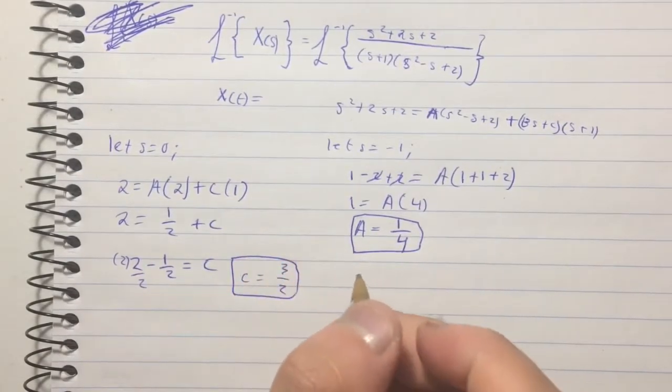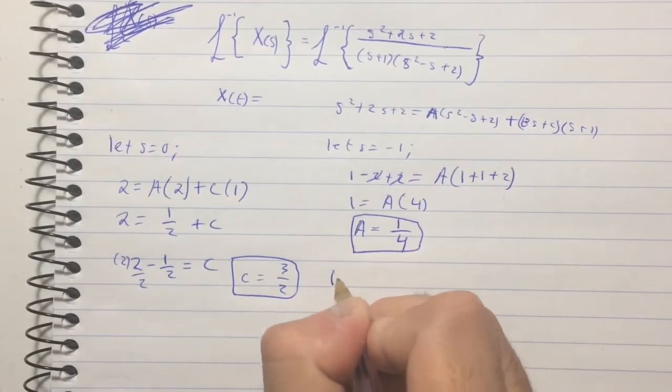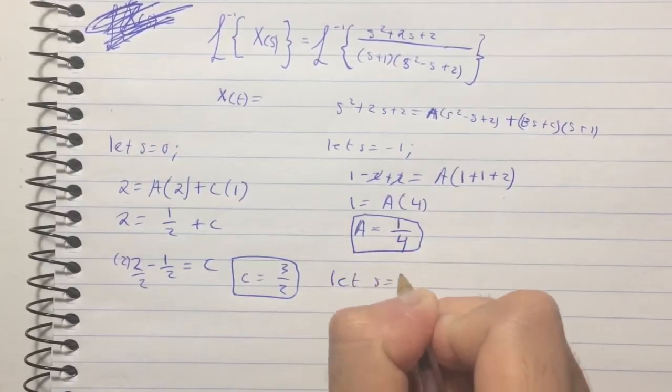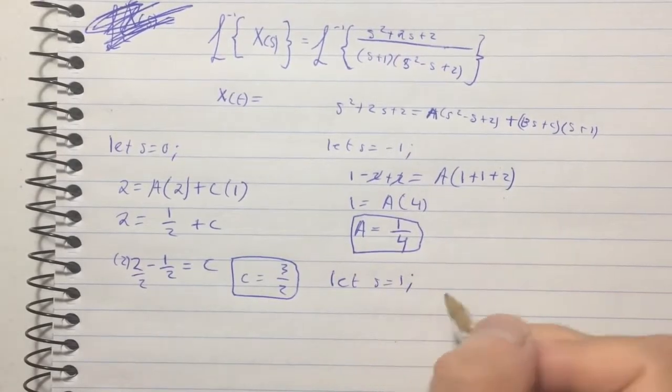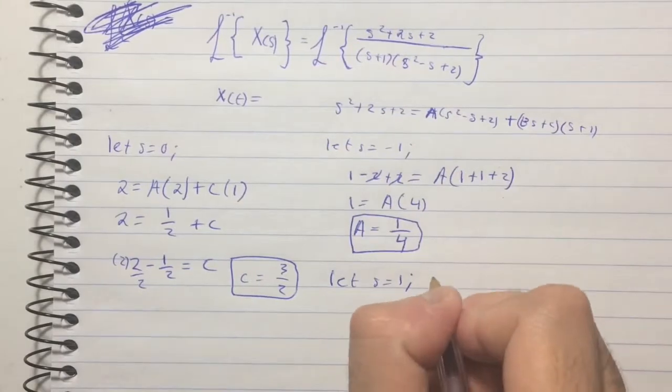So c is equal to 3/2. That's interesting. Alright, so now the next easiest value of s I can pick is 1. Let s equal 1. And therefore that means that it's 1 plus 2 plus 2, that's 5.